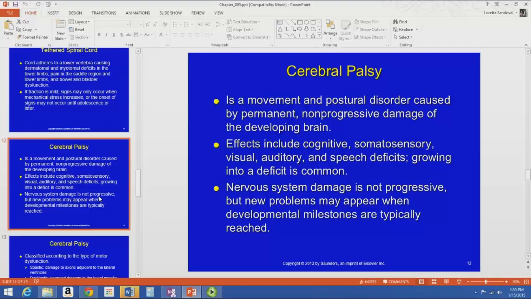When you're a little bit older, you're not a baby anymore, and you don't find out about that speech deficit until that system comes online. So the nervous system damage is not progressive, but new problems may appear when you reach the time when it would be a developmental milestone. Walking, speech, some of the other developmental milestones, and so a lot of times you don't really know the extent of the damage until the person starts to grow up.